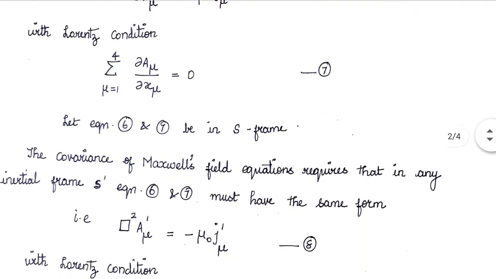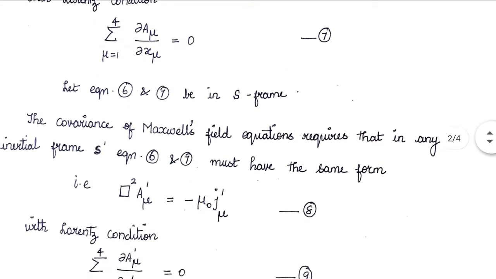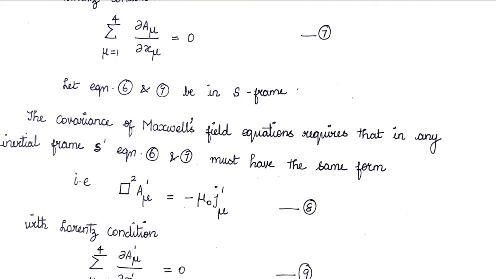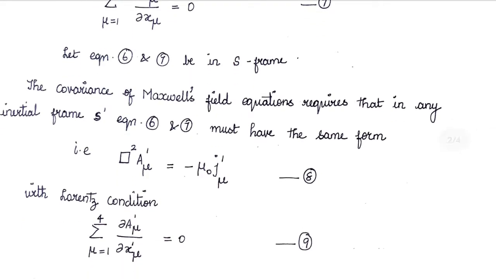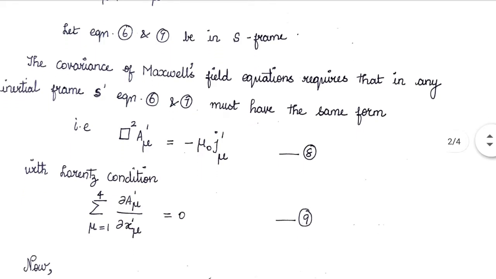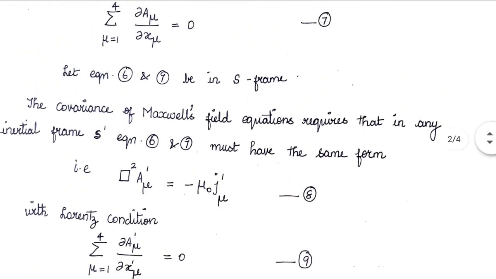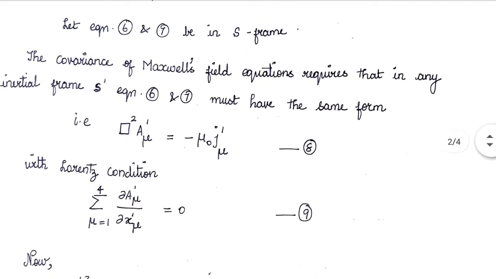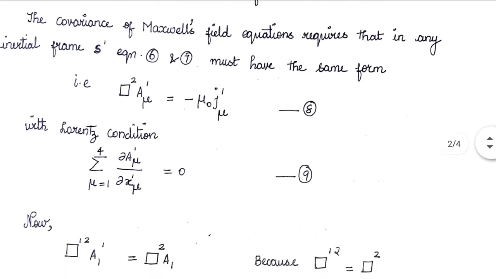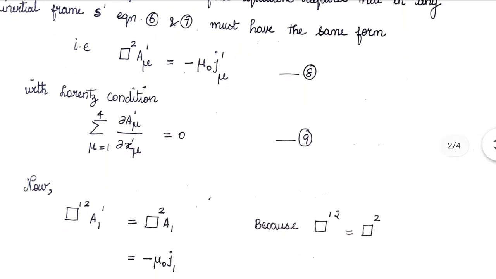In the same way we can write it for the S prime frame of reference as del prime square A mu prime is equal to minus mu naught J mu prime. Here this del should have a prime sign, which I have missed. With the Lorentz condition, dou A mu prime by dou x mu prime is equal to 0. So equations 6, 7, 8 and 9 should be consistent with each other when you go from one inertial frame of reference to another inertial frame of reference.